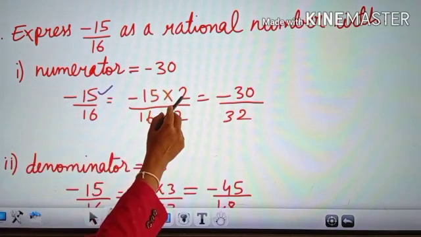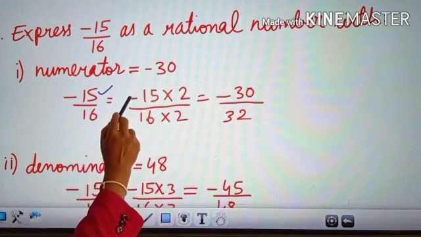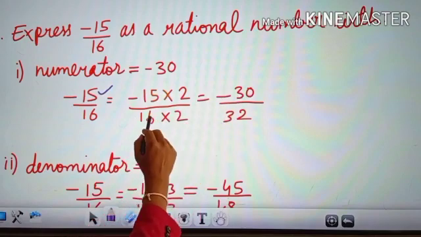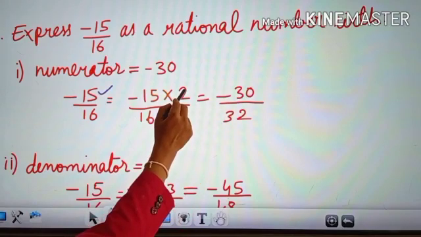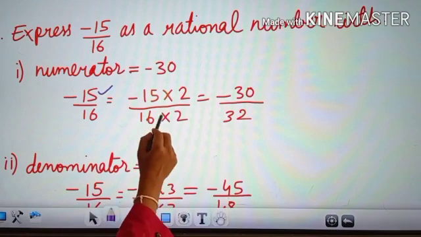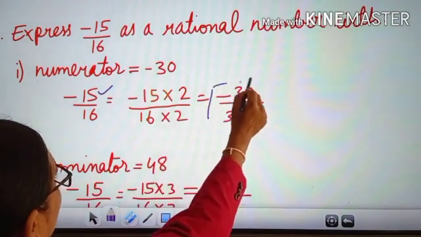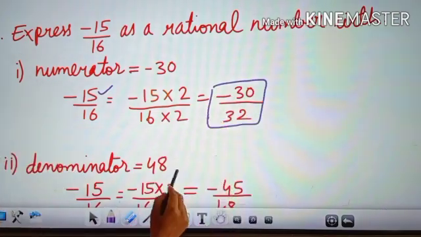Minus 15 goes in the table of 2, so it makes minus 30. So minus 15 into 2 will be minus 30. If you are multiplying the numerator by 2, you have to multiply the denominator also by 2. So 16 into 2 will be 32. So the answer will be minus 30 upon 32.